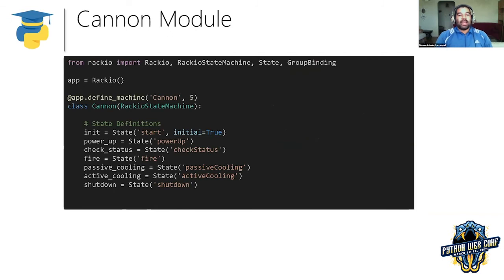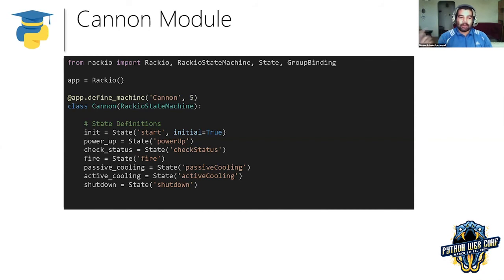All right, what is the kernel module? In the kernel module, we will define the Rackio state machine. So we import some modules from Rackio. We import the Rackio application, the Rackio state machines, the state class, and the group binding class. And we can define a state machine by using this decorator. We define a machine, we provide the name and the period in which we want this machine to keep executing. And this is in seconds.